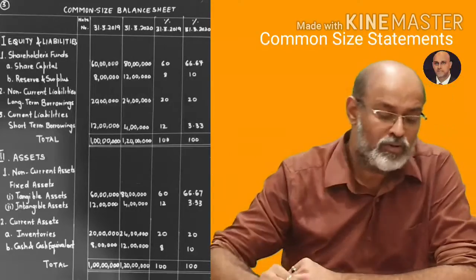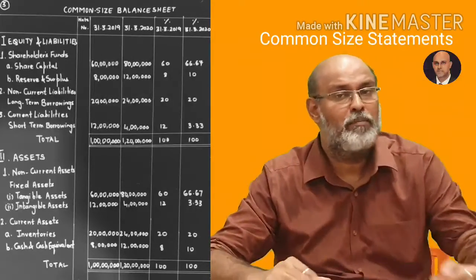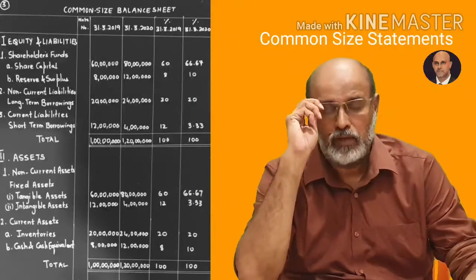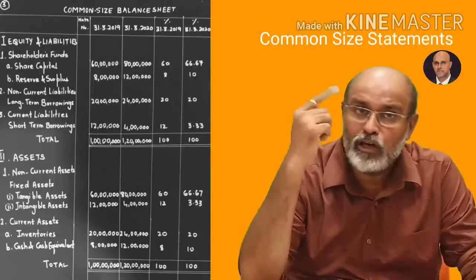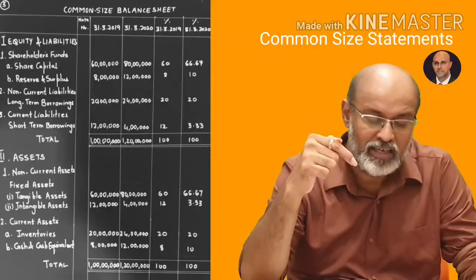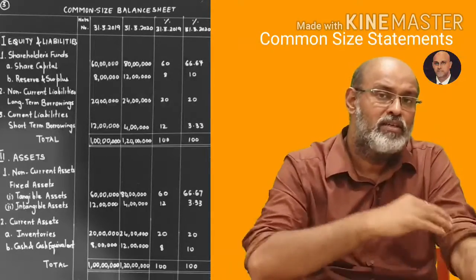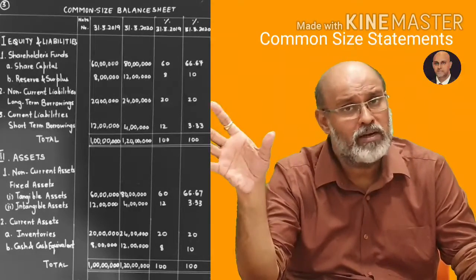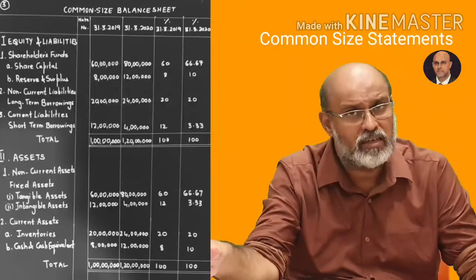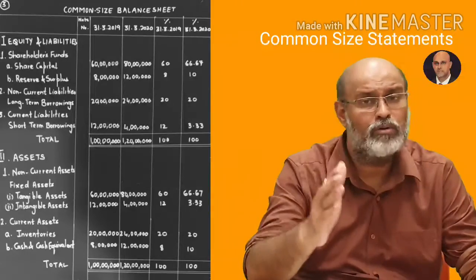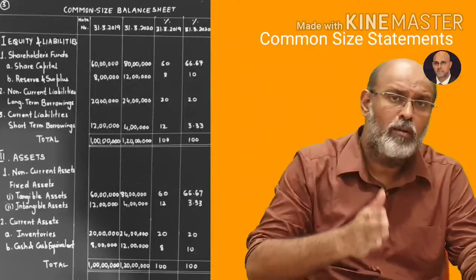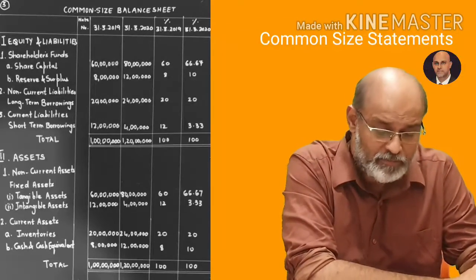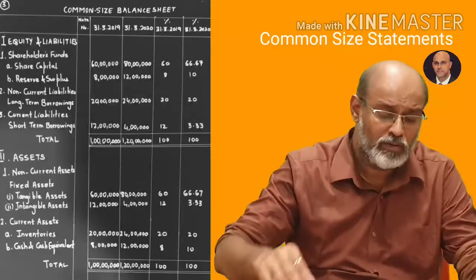Now let us come to reserves and surplus, which is the second part of your shareholders' funds, that is 8 lakhs. So 8 lakhs upon the total of your liabilities, that is your equity and liabilities, which is 1 crore. So always remember the denominator will be 1 crore throughout the particular year of 31st March 2019.